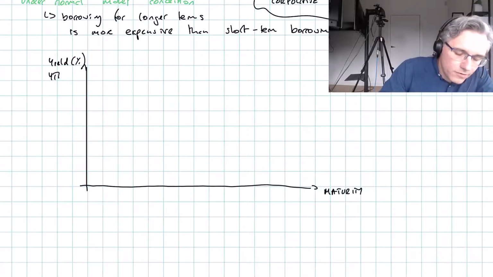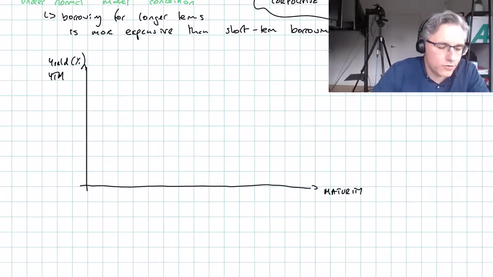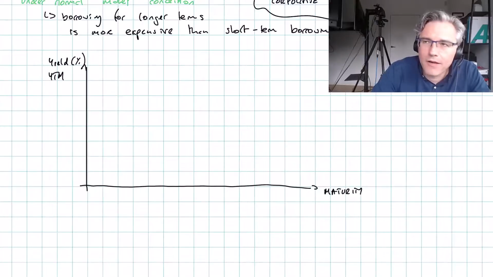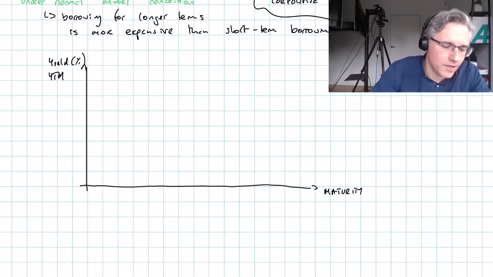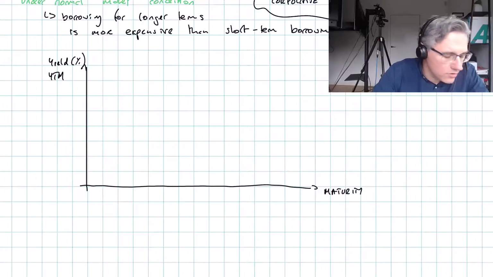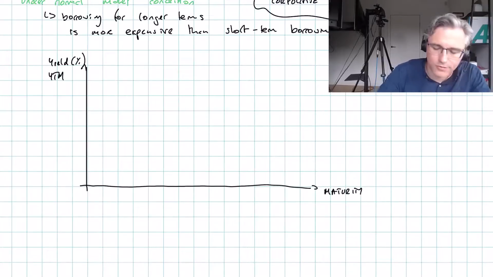This yield is often referred to as the YTM, or the yield to maturity. But you don't have to concern yourself with that too much right now. We'll use YTM, yield to maturity, and yield interchangeably, and in a couple of videos time you'll see how yield to maturity is actually computed.